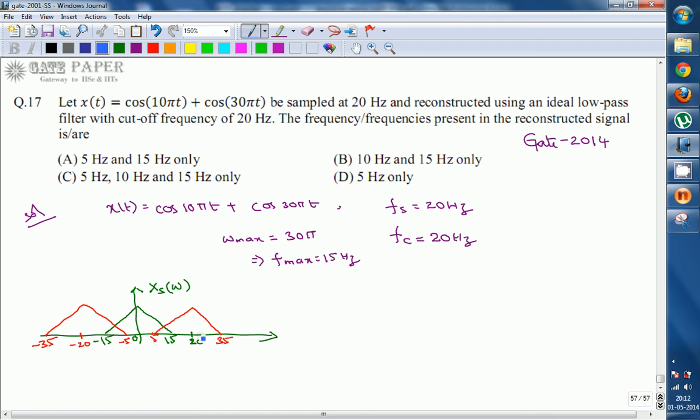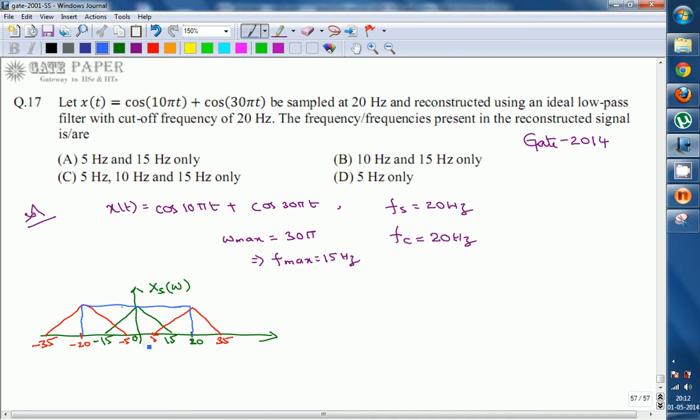Here we can observe that this has the magnitude spectrum like this, the magnitude spectrum of the ideal low pass filter taking both the sides. They asked only for the positive side, they gave only the positive side frequencies.